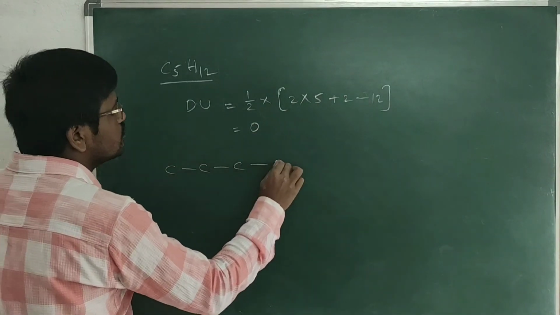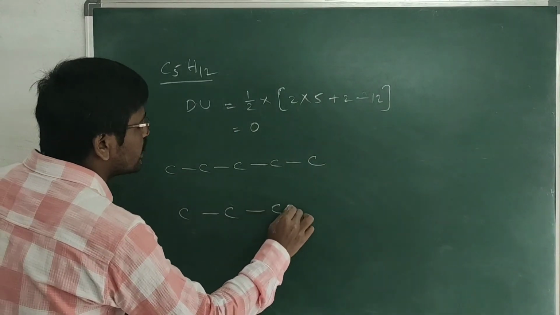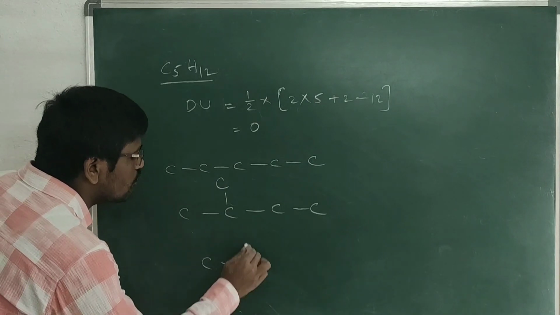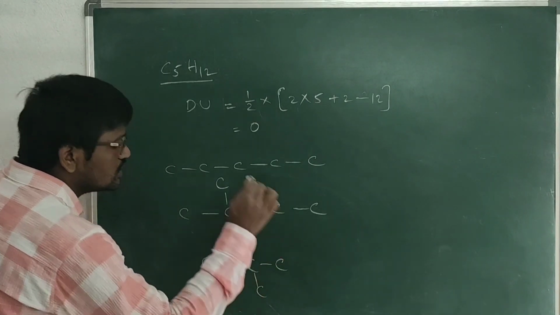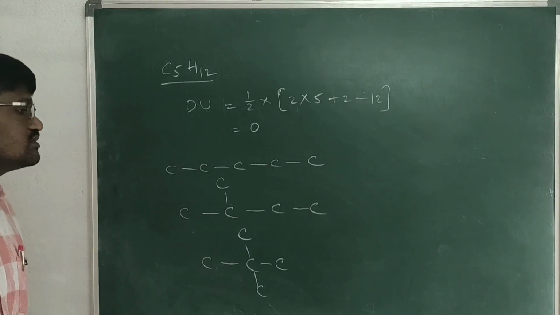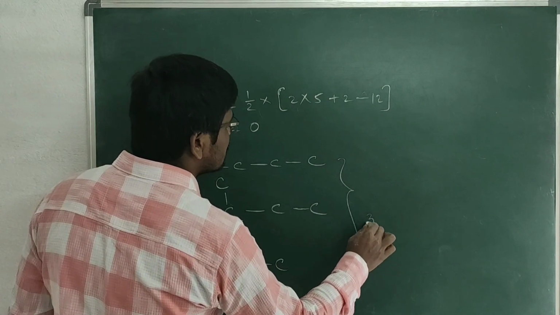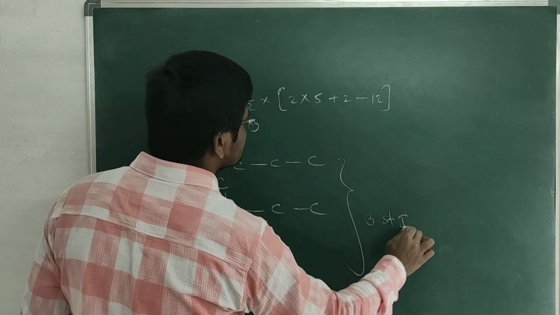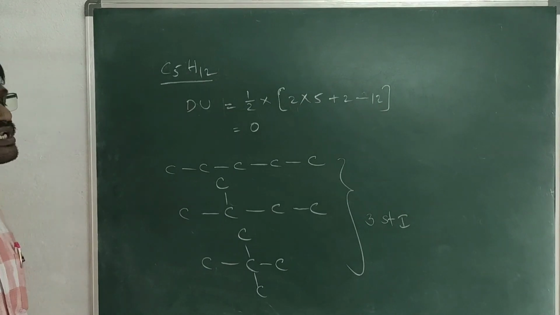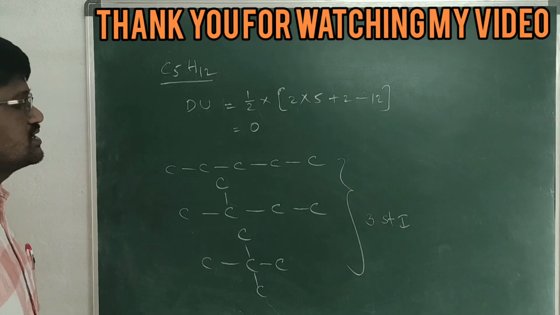So we can take n-pentane, isopentane, and neopentane also. These are the chain isomers. Totally 3 possibilities are there. 3 structural isomers are possible. There are no position isomers and no functional group isomers, because there is no functional group and no substituent. Okay.